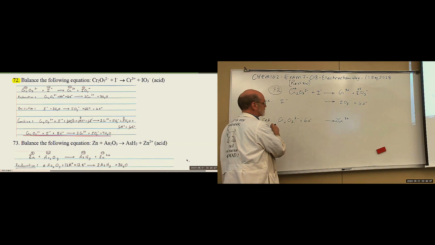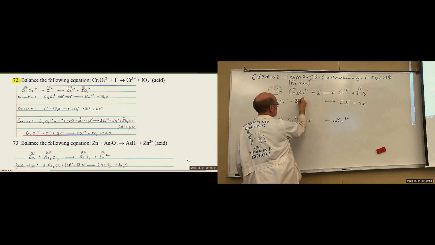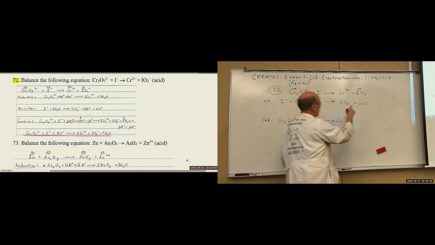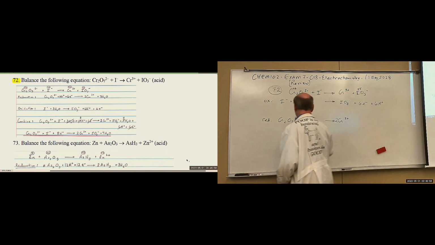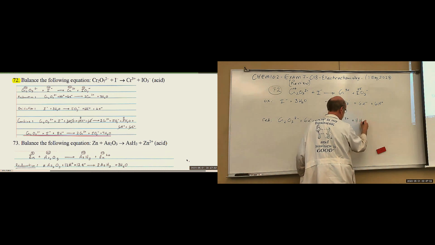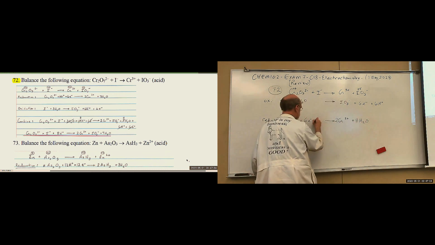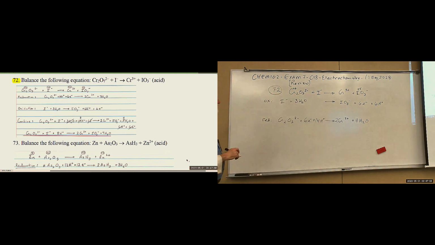We just need to balance oxygens. So we need 3 oxygens here as water, and then 6 hydrogens here. And here we need 7 oxygens on that side, and then 14 hydrogens. Okay.